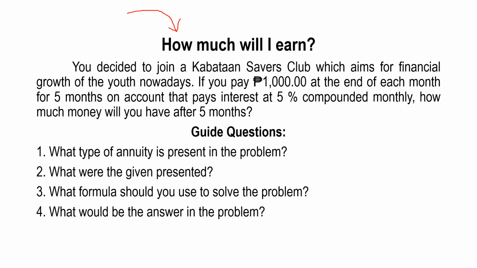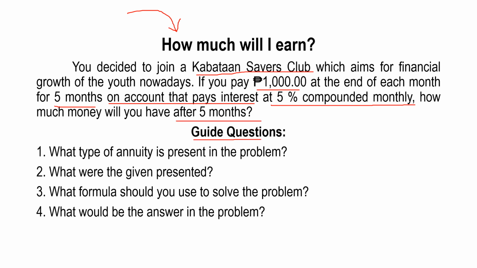You decided to join a Kabataan Savers Club which aims for financial growth of the youth nowadays. If you pay 1,000 at the end of each month for 5 months on an account that pays interest at 5% compounded monthly, how much money will you have after 5 months?